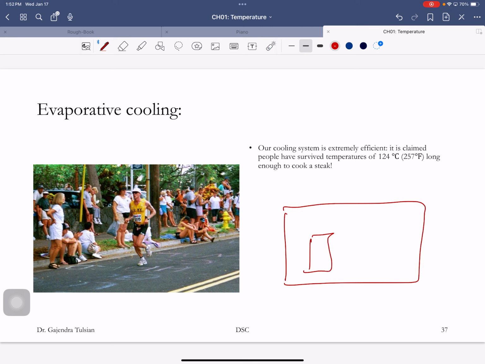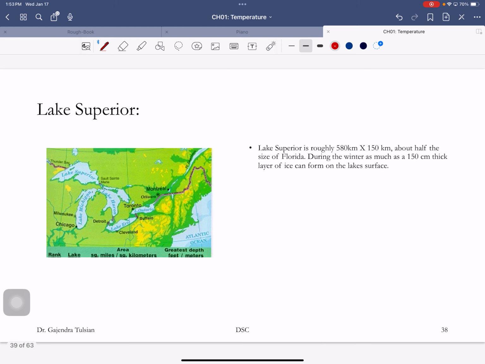So here's this guy, here's a steak, 260 degrees Fahrenheit. They're both going at the same time. The steak cooks, and this guy is able to walk out, apparently. He probably doesn't have the appetite to eat the steak, but your cooling system is very efficient.